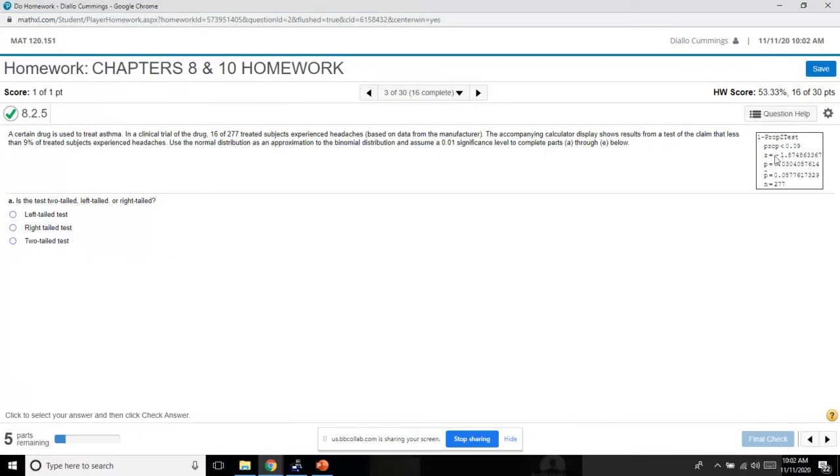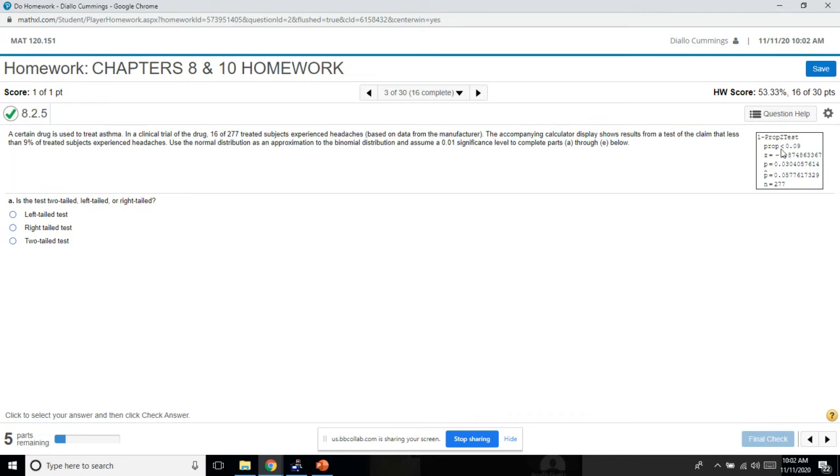Our alternative hypothesis is that the proportion is less than 0.09. Notice that if the alternative hypothesis is less than, then we would have a left tail test.